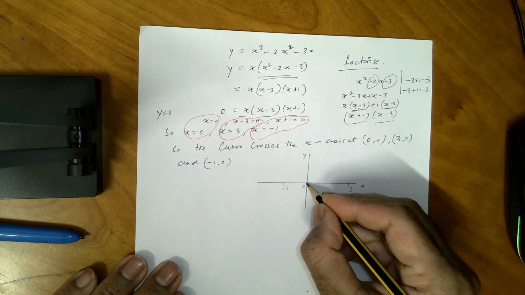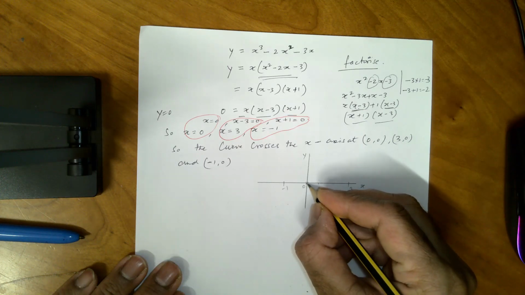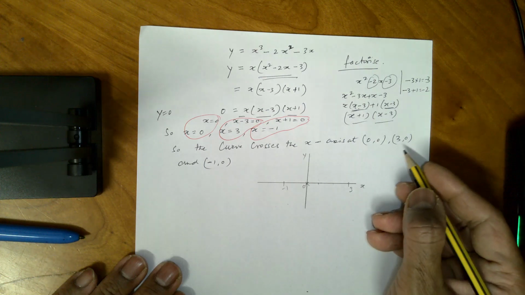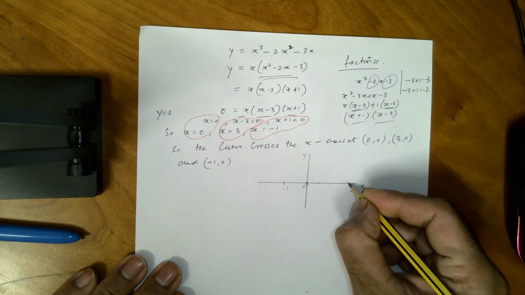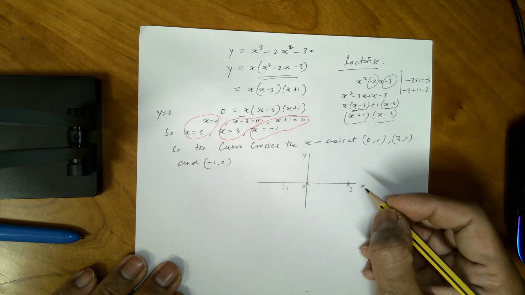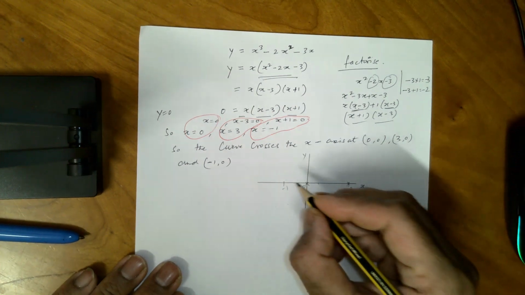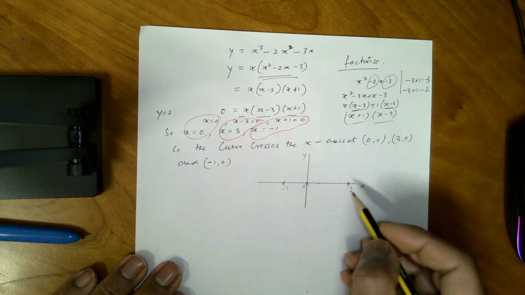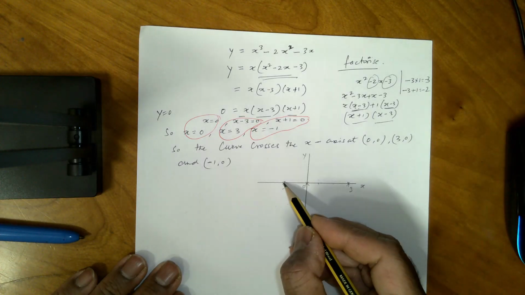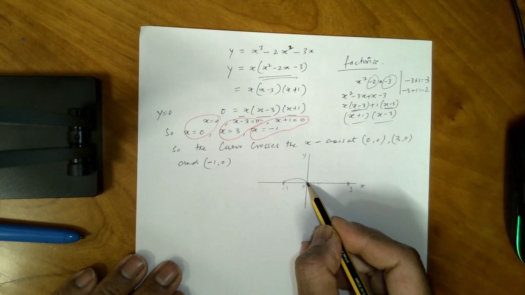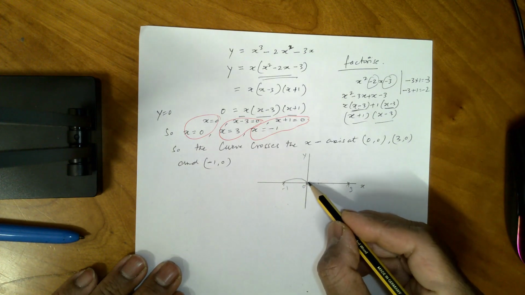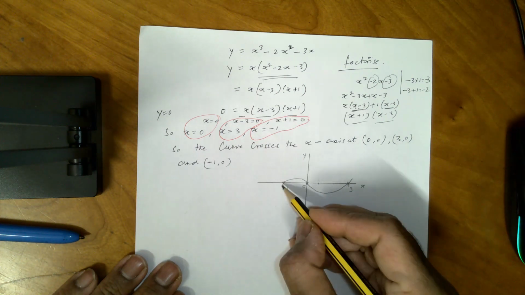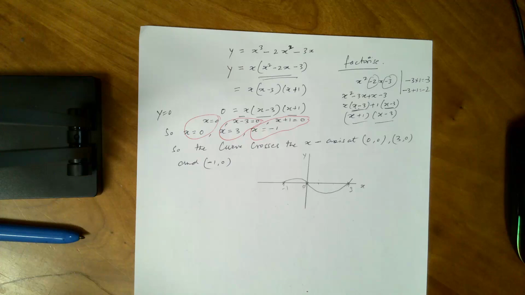So you got 0 and 0, then 3 and 0, and then your minus 1, 0. So somehow your graph will just go like this from here.